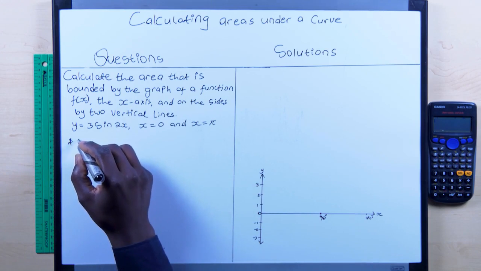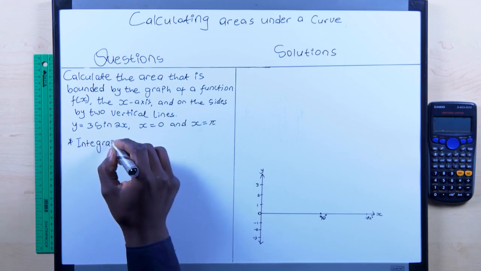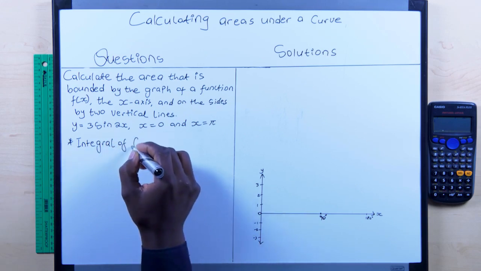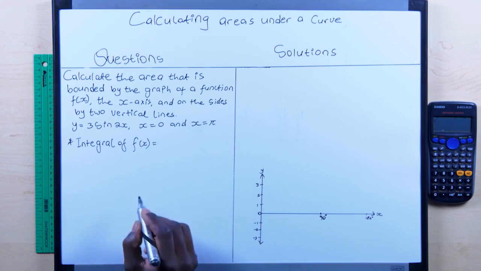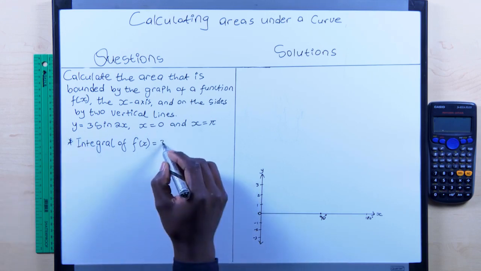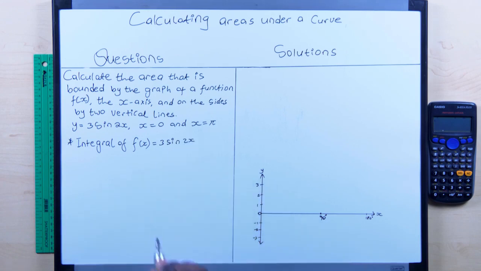First of all, we need to find integral of f of x. In this case, integral of f of x, where our f of x is 3 sine 2x. That's what we need to understand.